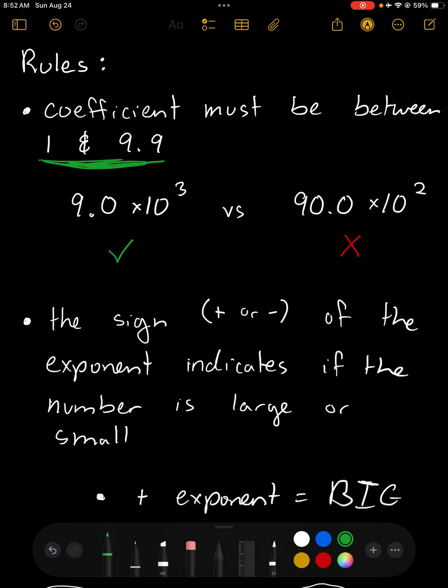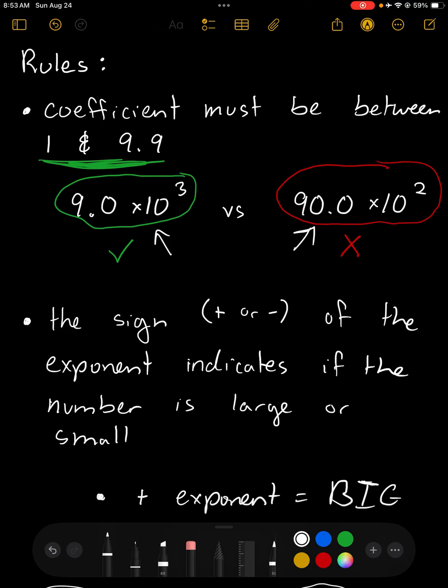So this number, 9.0 times 10 to the third, is proper scientific notation. Whereas if we were to write the same exact number as 90.0 times 10 to the second, that would be improper scientific notation. Technically, both of these values represent the exact same number. However, this one is considered proper form, whereas this one is considered improper.